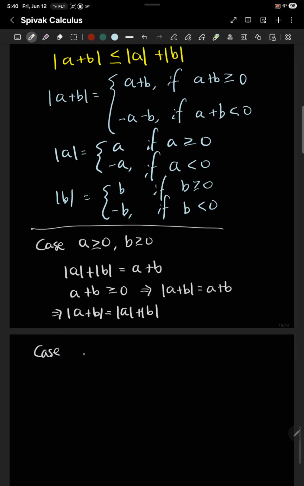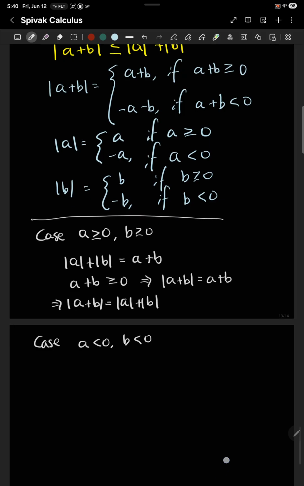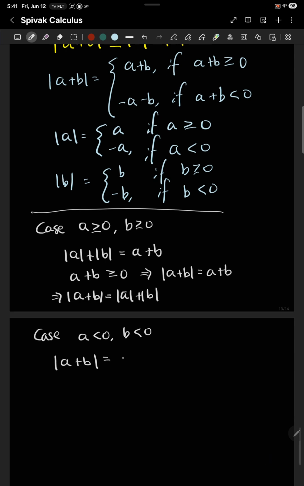Consider the case where a is less than 0 and b is less than 0, right? Then the absolute value of a plus b is minus a plus minus b.